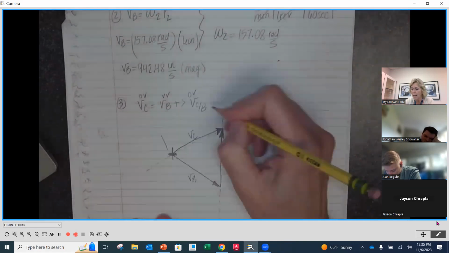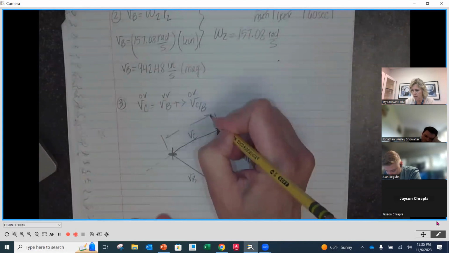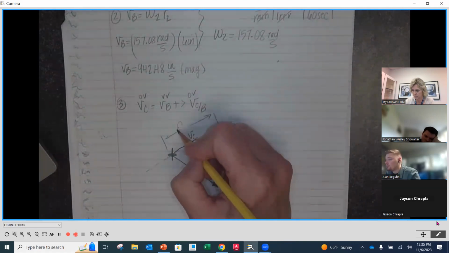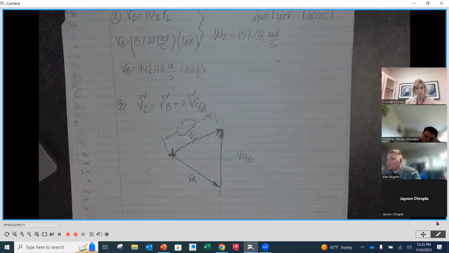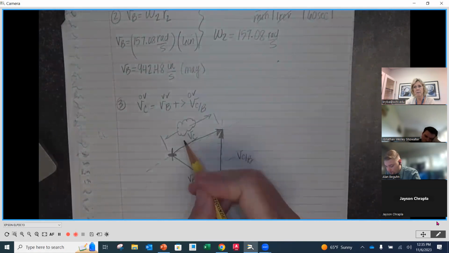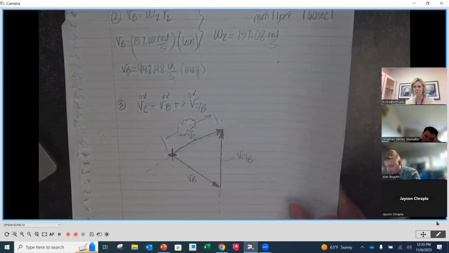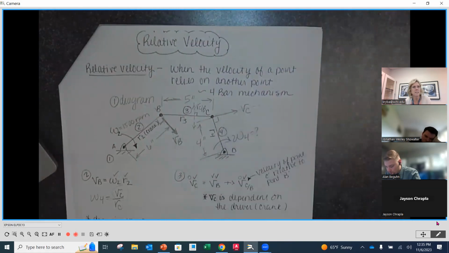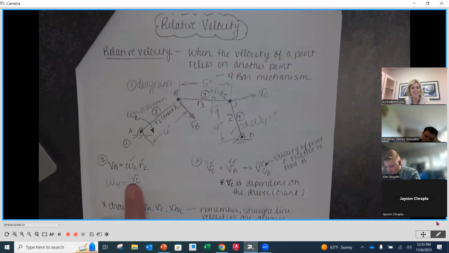So now I can measure the length of that vector, and I would use AutoCAD to do that, because then I would get the most accurate result. Now, once I have that velocity, remember my problem: I really want to know, what is the angular velocity of link number 4? But I had to get the velocity of C first.